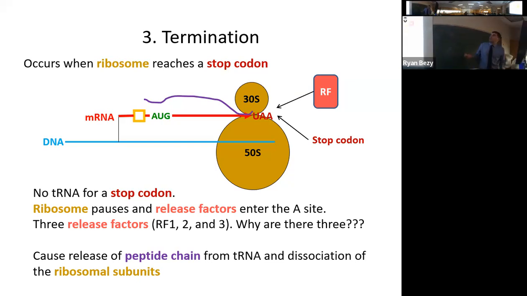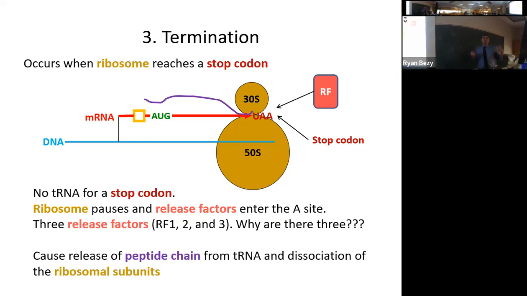So when a ribosome reaches a stop codon, there are no tRNAs that code for a stop codon. There's no tRNA that corresponds to that stop codon sequence. So the ribosome is going to pause when it reaches a stop codon.